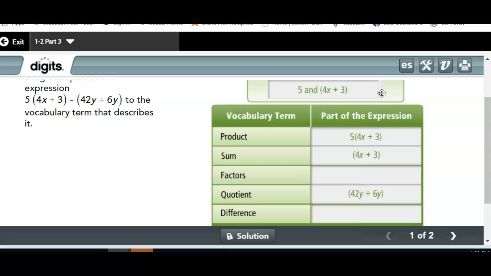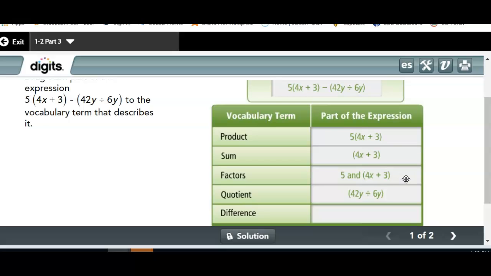Okay, what is 5 and parentheses 4x plus 3? Josiah. These are factors. What is a factor? Patrick. Addition or minus sign outside of parentheses. No. Aiden? The word and. So factors are numbers that are being multiplied.